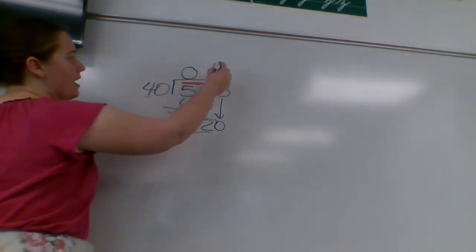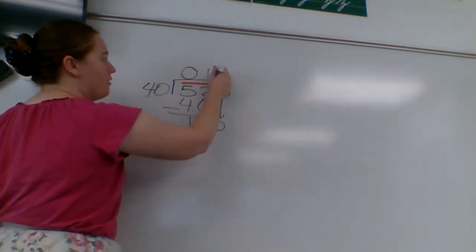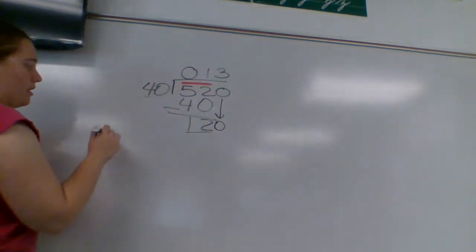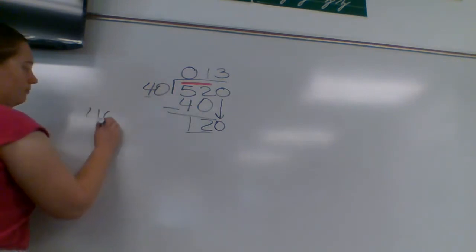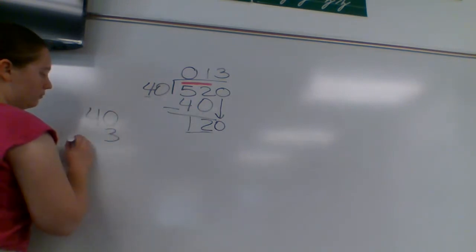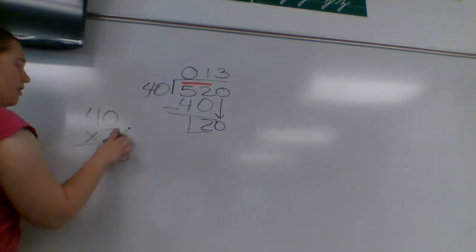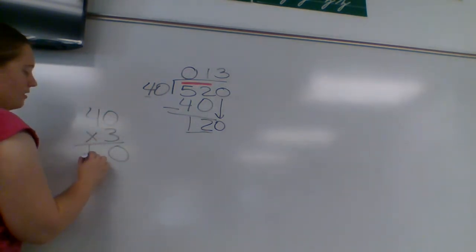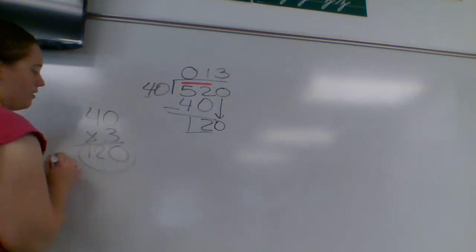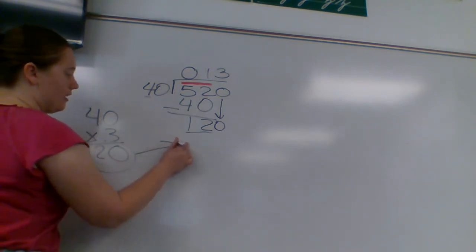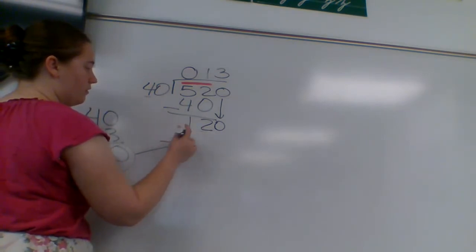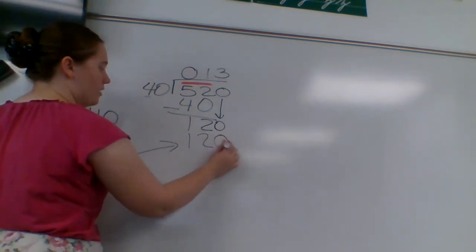So I'm going to put a 3 above that 0, because that's what got brought down. 3 times 40. Let's go ahead and write that over here. 3 times 0 is 0. 3 times 4 is 12. So my answer right here is 120. And that gets written over here. So I'm going to write 120.